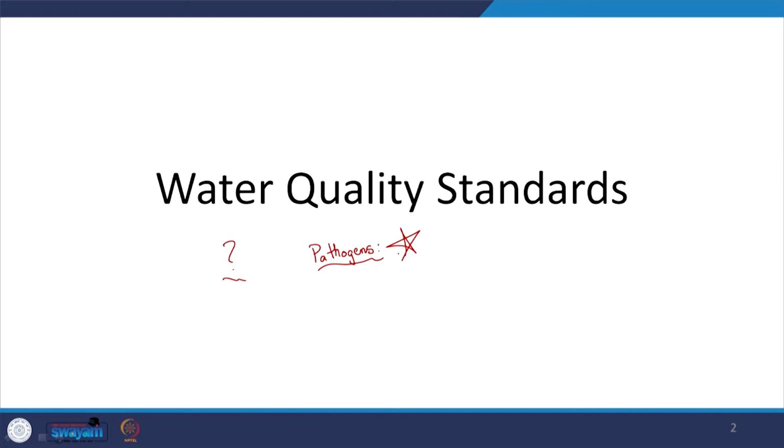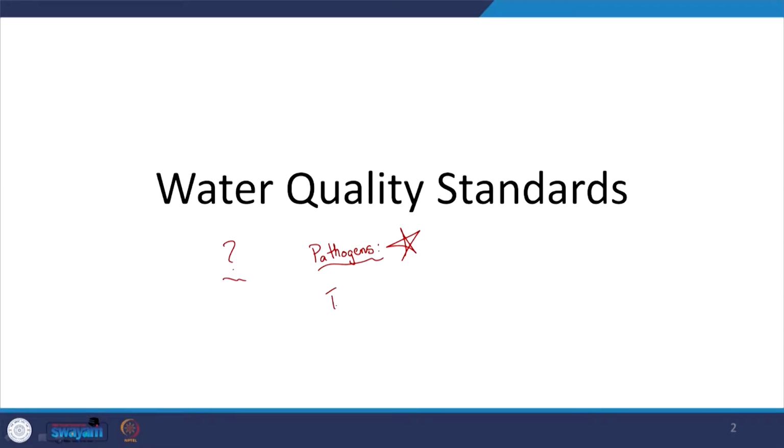If I am using groundwater, there might be deposits or contamination of groundwater due to various sources, right? So, maybe then I need to look at a particular treatment mechanism for that particular kind of toxic compound. But in this course, we are going to look at the general aspects. So, after the pathogens, we will look at toxins or such, but again typically relatively rare cases. So, we will not go into that right now.